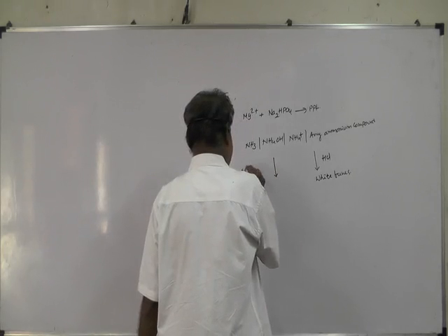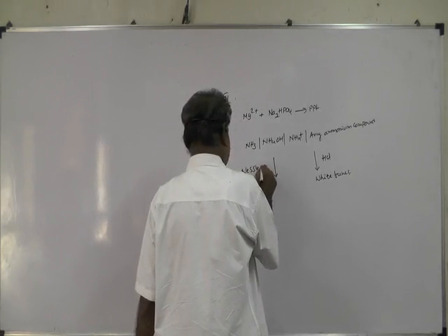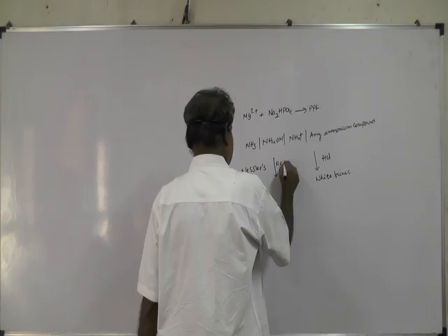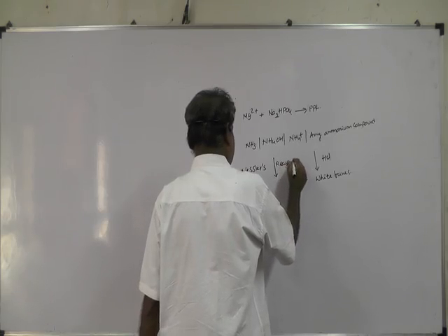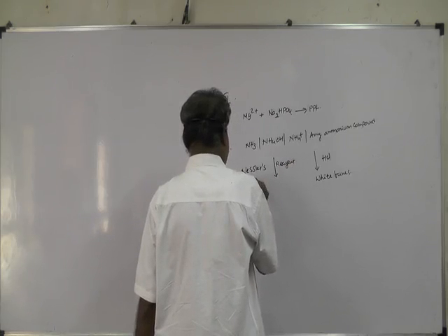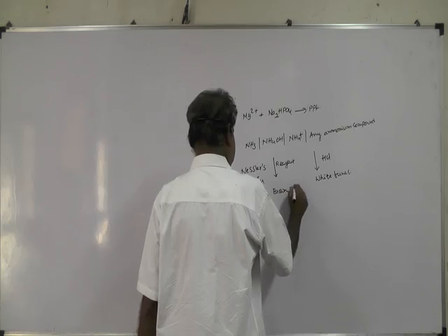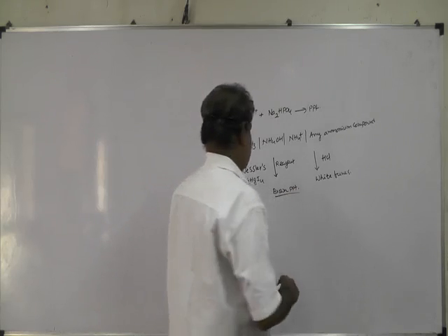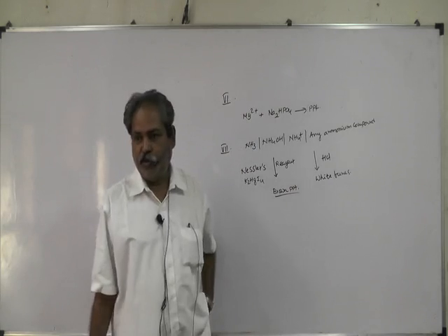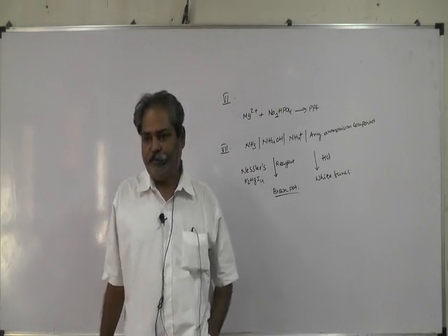Nessler's reagent, K2HgI4, you get a brown precipitate. Iodide of Millon's base, you don't need to learn the formula.